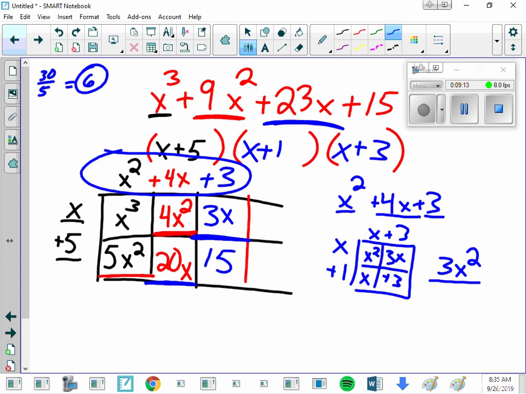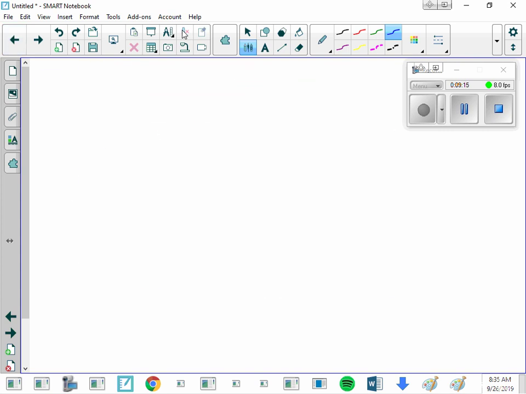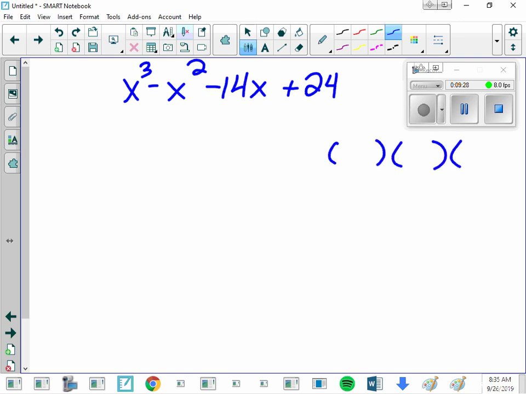Okay, let's do number 2. X to the third minus x squared minus 14x plus 24. And I know one of the answers is x minus 3. I'll use polynomial division to simplify this cubic equation.